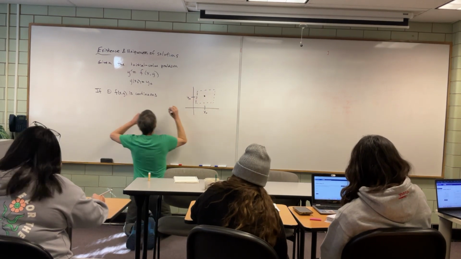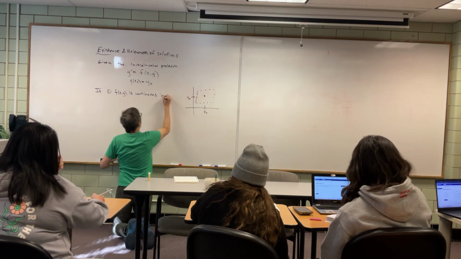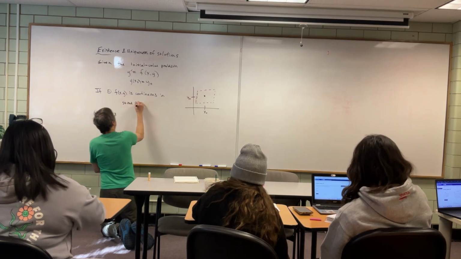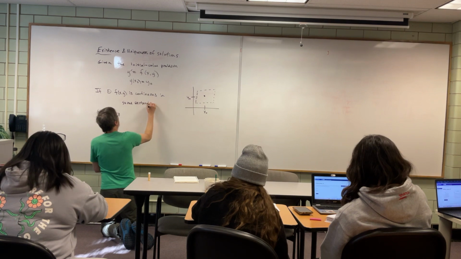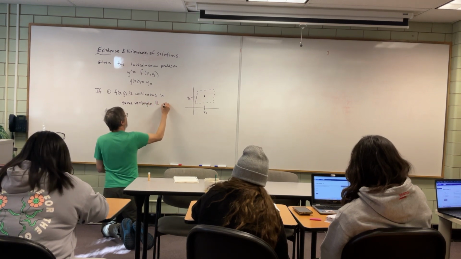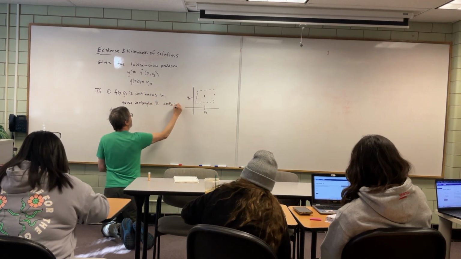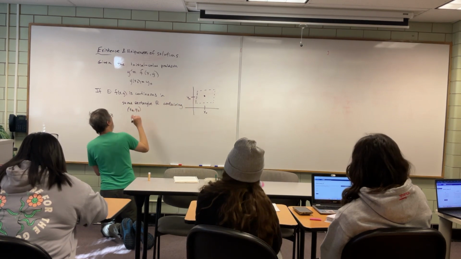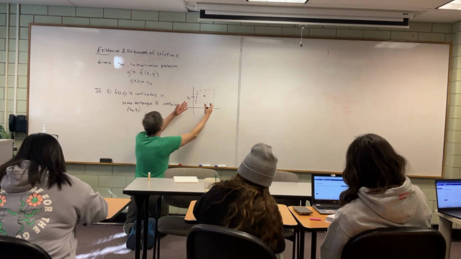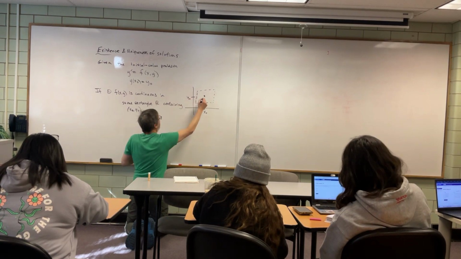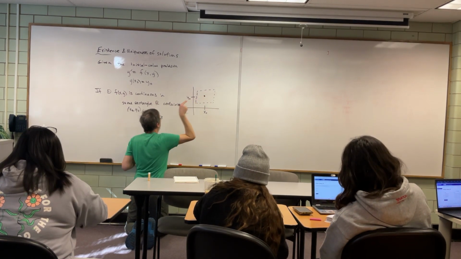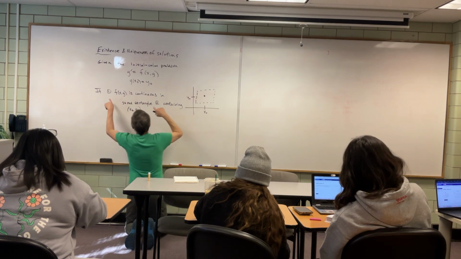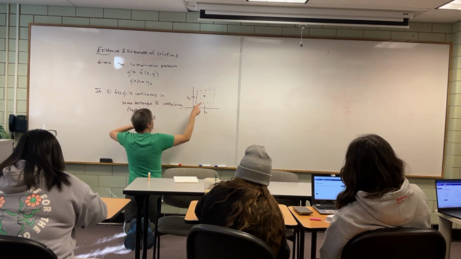So we're going to say f is continuous in some rectangle R containing the initial point. And it doesn't matter what the dimensions of this are, as long as there's some rectangle that you can draw around that initial condition where f is continuous in that thing.